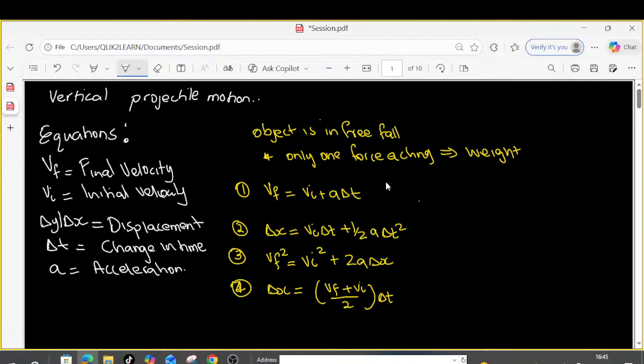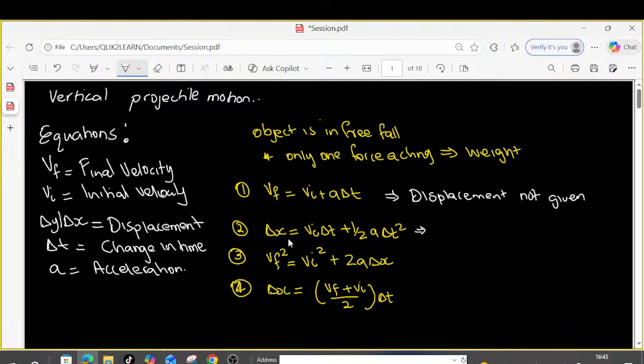So if on your question you are not given the displacement, that's the formula to use. The second one, we're going to use it if the final velocity is not given.